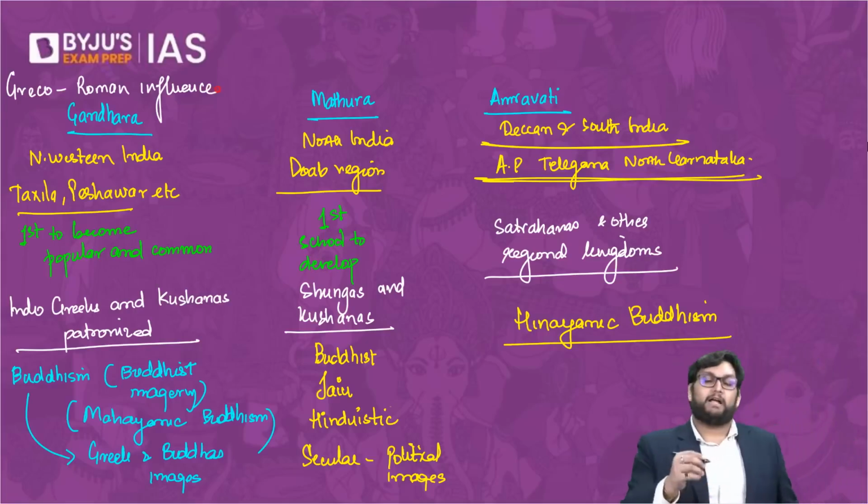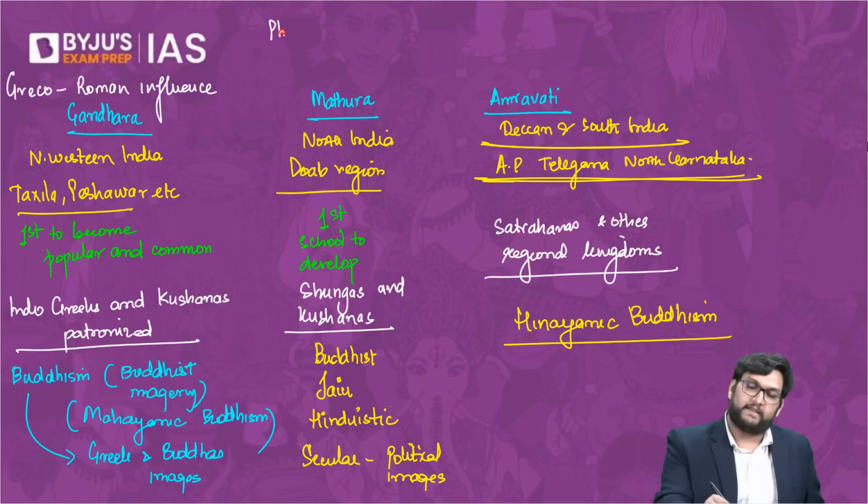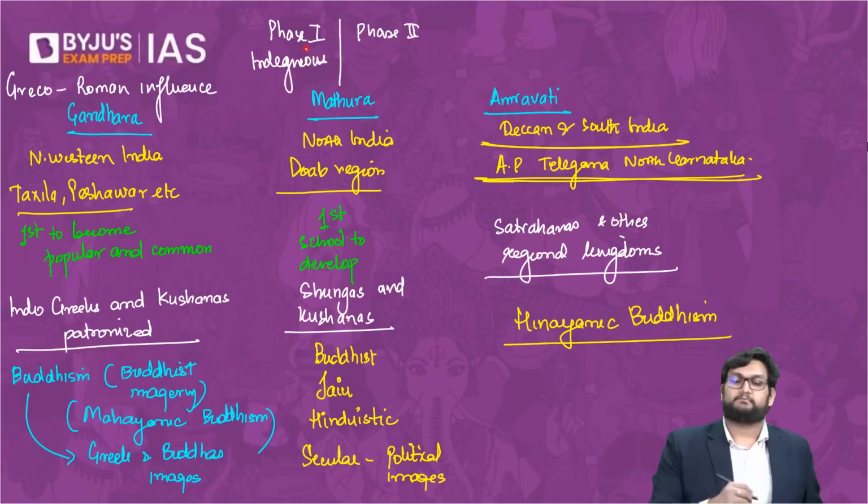And in Mathura, there are two phases. Phase 1 is indigenous. Phase 2 is when Gandhara influence starts to come under the Kushanas. Kushanas consolidate this whole sector, so Gandhara influence comes.